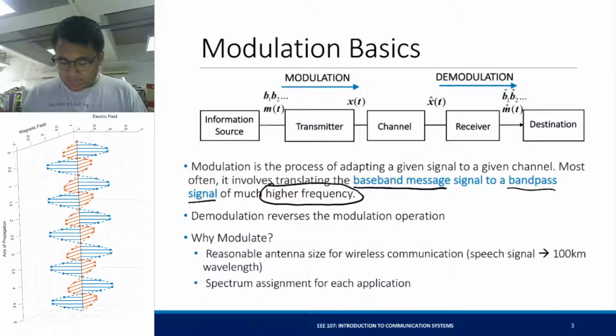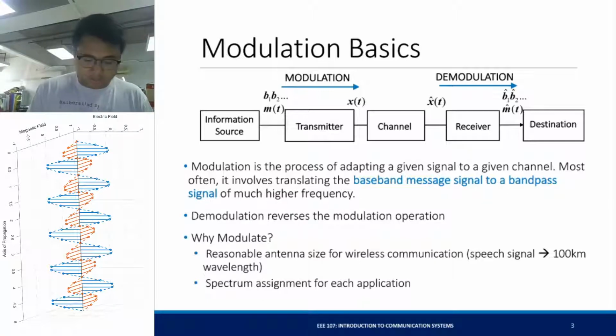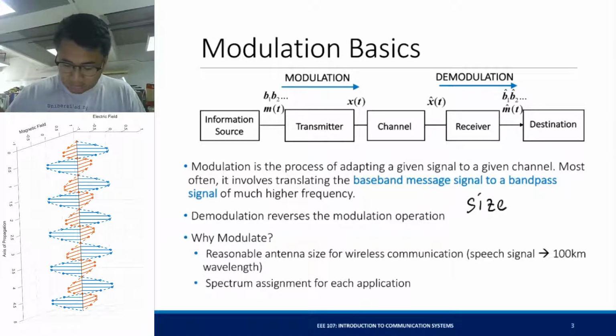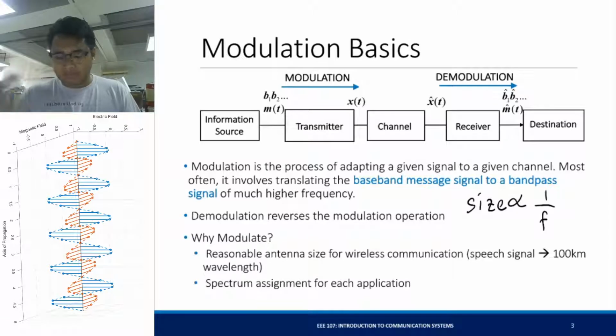Effective antennas: the length or size of the antenna is inversely proportional to frequency. So the higher the frequency, the smaller the antenna.